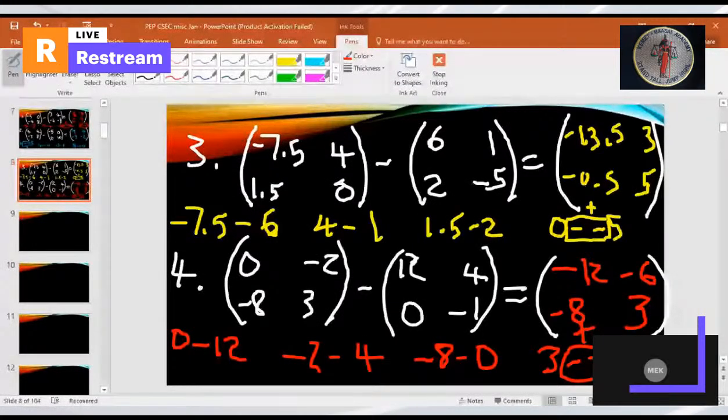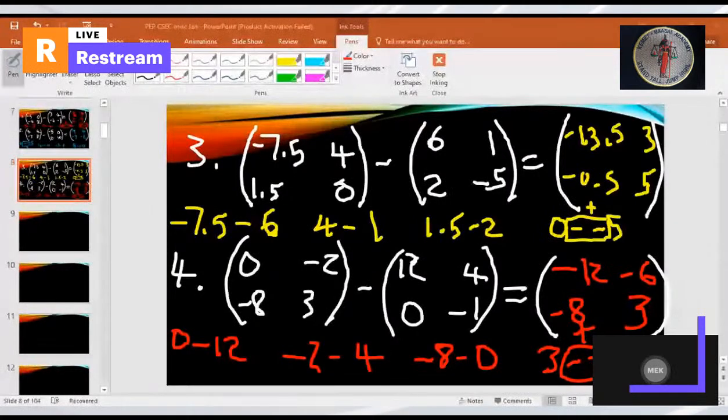So to recap, we add and subtract matrices that are of the same order. And what I mean by the order of a matrix is how many rows by how many columns. The rows go horizontally, the columns go vertically. Here, we have been working with 2 by 2 matrices, which are what you are likely to get at the CSEC for addition and subtraction.